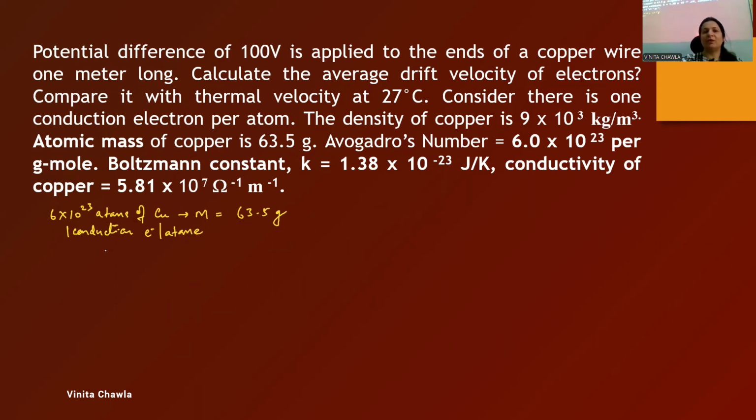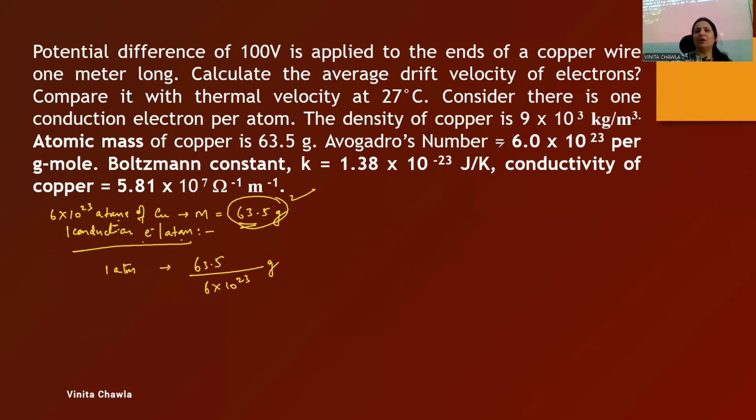We have one conduction electron. एक एटम में एक ही इलेक्ट्रॉन है. और इतने सारे एटम्स का मास कितना है? तो एक इलेक्ट्रॉन, एक एटम, इतने सारे इलेक्ट्रॉन्स का मास हो गया ना ये. इतने सारे कॉपर एटम्स जो है उसका मास कितना है? 63.5. तो नंबर डेंसिटी अगर निकालना होगा तो कैसे निकालेंगे? फर्स्ट इन दोनों को डिवाइड करते हैं अगर, तो क्या मिलेगा आपको? अगर आपके पास वन कंडक्शन इलेक्ट्रॉन पर एटम है और इतने सारे एटम्स का मास ये है, तो एक एटम का मास कितना होगा? डिवाइड करेंगे 63.5 डिवाइडेड बाय 6 into 10 raised to the power 23 grams.